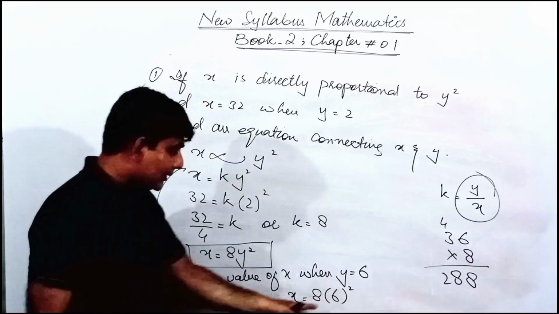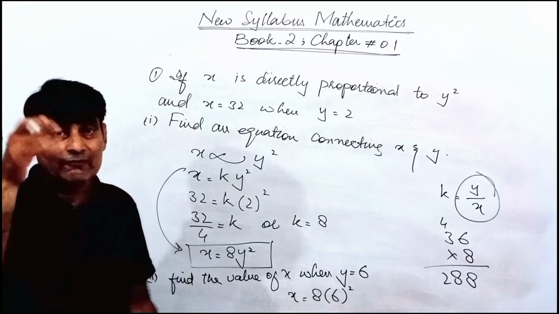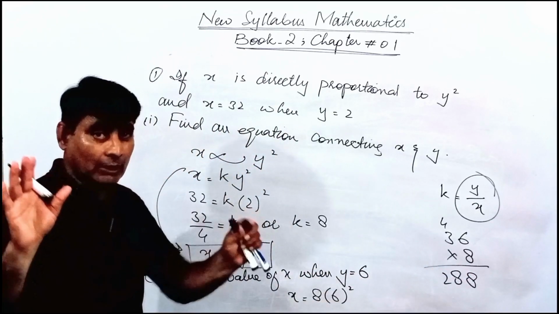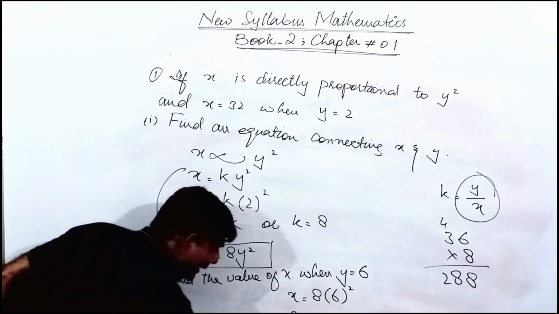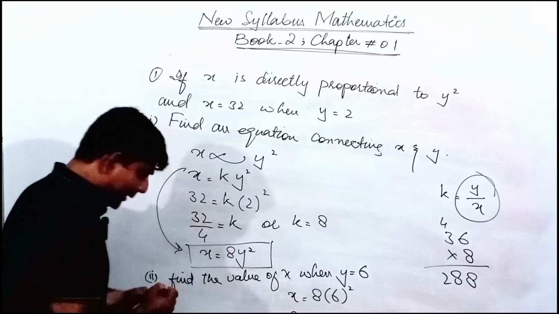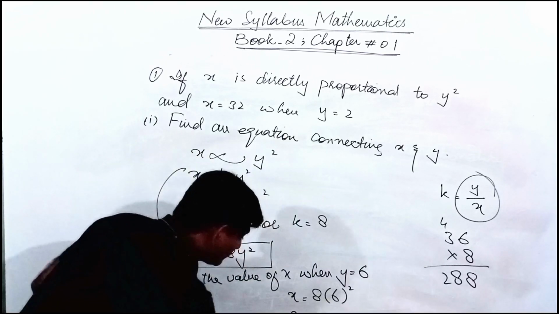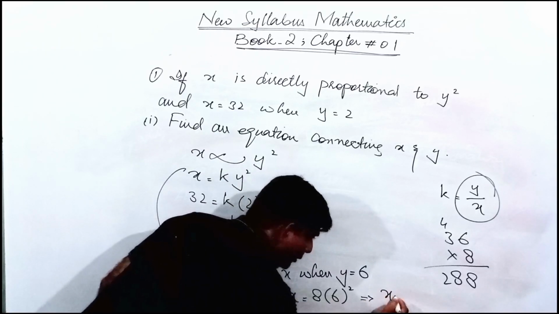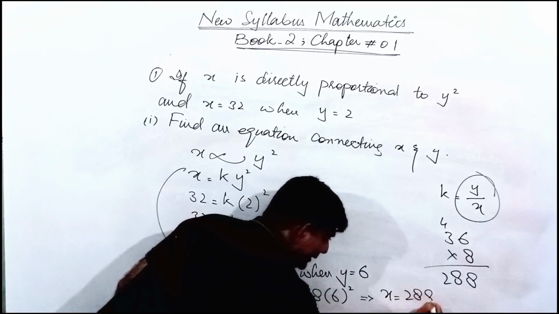So 36, 72, 144, and 144 doubled is 288. Or use a calculator. So x would be equal to 288.